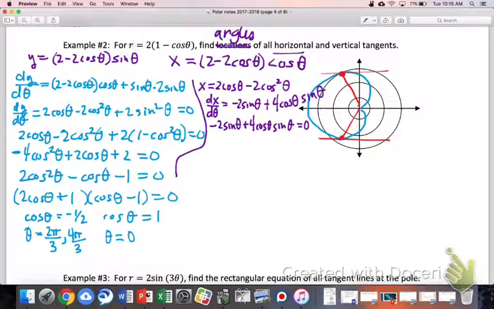So I would say sine of theta factored out would give us -2 plus 4 cosine theta equals 0. The fact that there's no squareds in that derivative makes this a little bit easier as compared to the other one. So it's at this point we set each factor equal to 0.